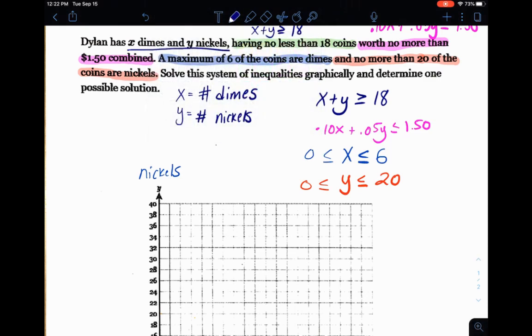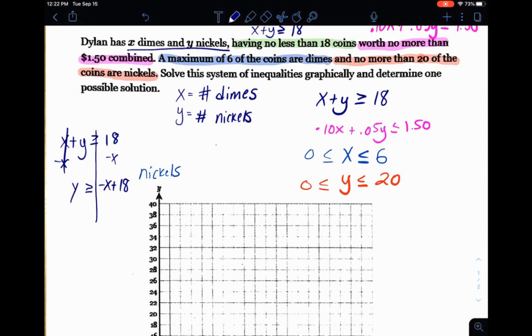So x plus y greater than or equal to 18. To be able to graph this, what do we need to do to our equation? Get y by itself. So we're trying to put it in what form? Slope-intercept form, right? So subtract the x over, we get y is greater than or equal to negative x plus 18.